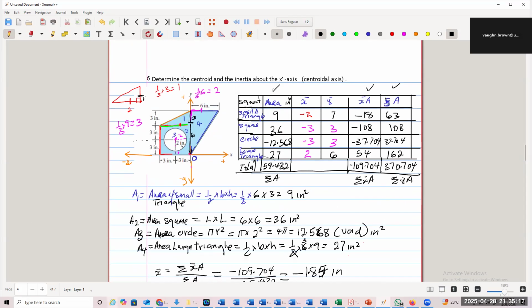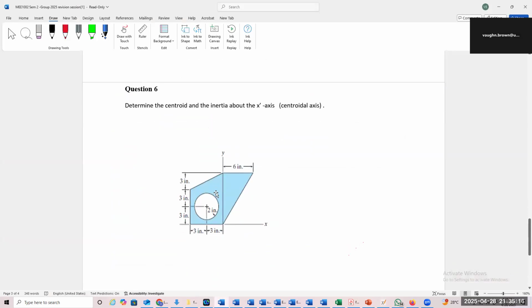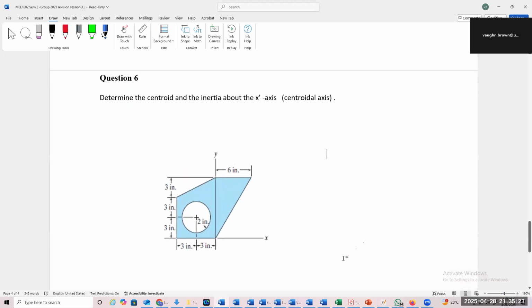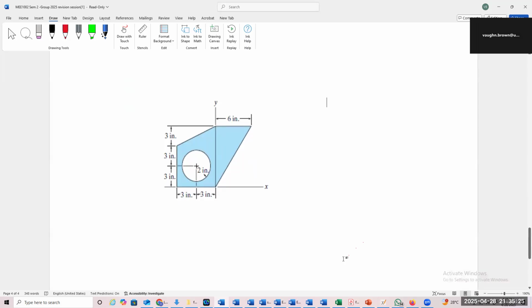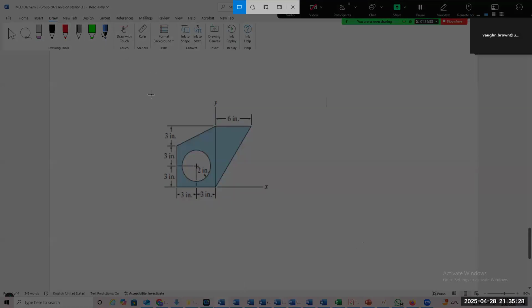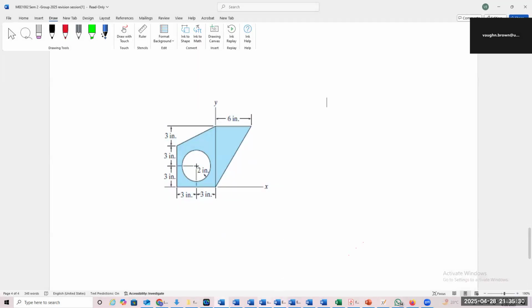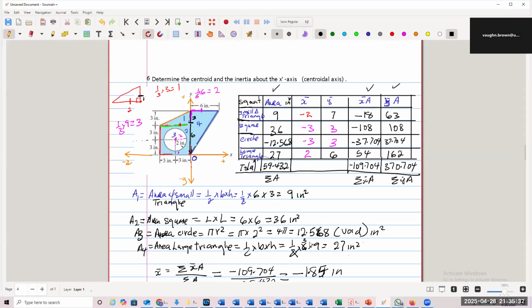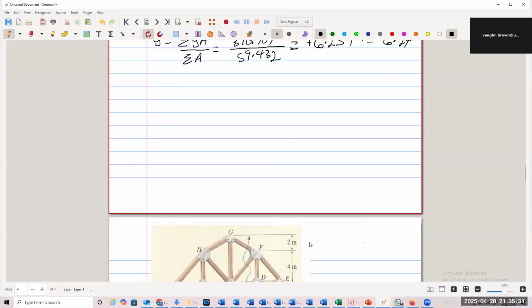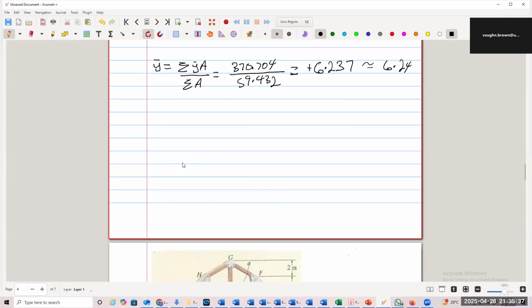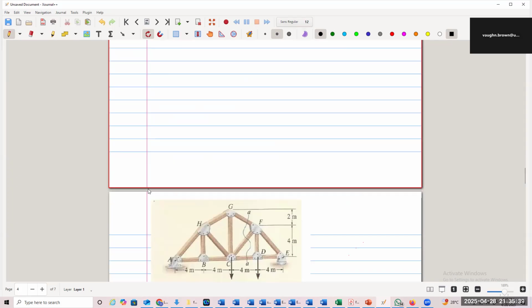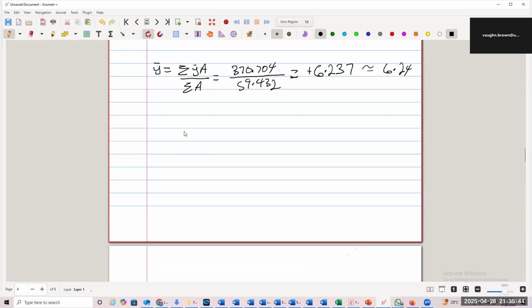I need back the figure. Where do I find back the figure? Let me see if I find it. Make this a little bit bigger. Let me go into this. That one's a little bit crowded. I'm going to have to put another in between here. All right, cool. Nice.